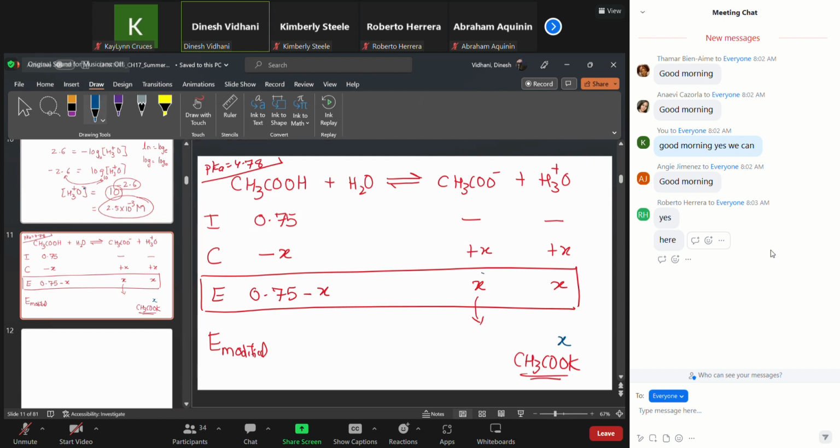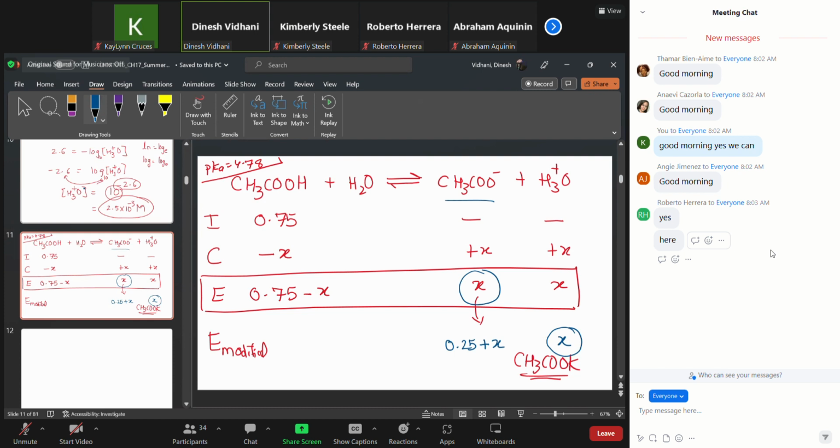What happens to the total concentration of acetate ion? Well, you just added, so it's 0.25 molar plus X. That's going to be the concentration of acetate ions, right? Now what happens on the right side? It depends on how much hydronium ion I have to react with acetate ion.